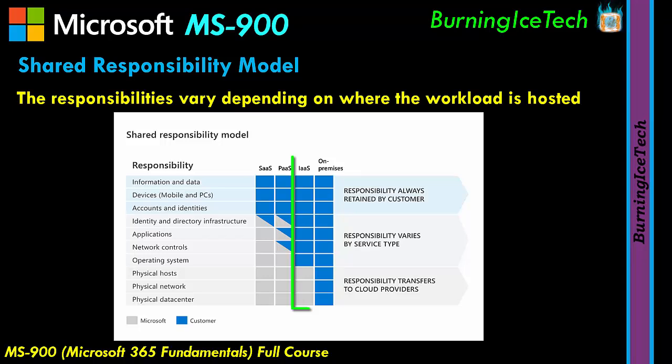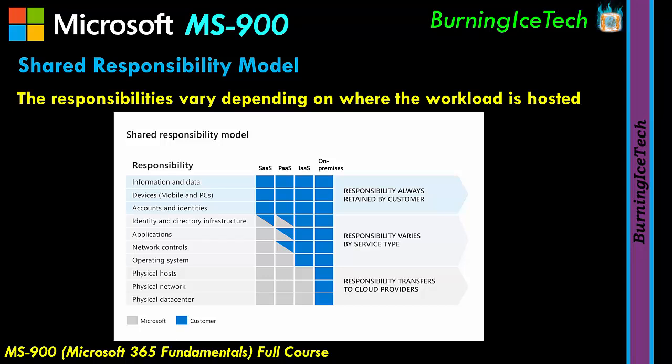You can see there infrastructure as a service. A good example of that will probably be a virtual machine. There you've got pretty much the most control out of the lot. You can see the gray blocks at the bottom of infrastructure as a service. You do not have access to the actual physical data center, whether it be yours or whoever's. The physical network, the actual switches and network cables, you cannot touch. You can create virtual networks and configure them, but you can't touch the physical ones, so it's not really your responsibility.